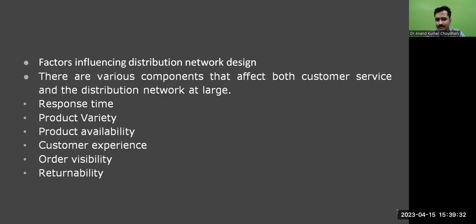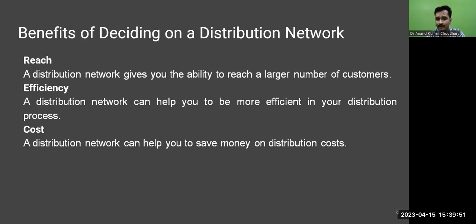Some of the factors that influence distribution network design are response time, product variety, product availability, customer experience, the most important thing, order visibility, and returnability. Benefits of deciding on a distribution network: reach, efficiency, cost.